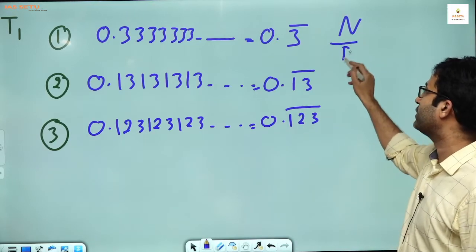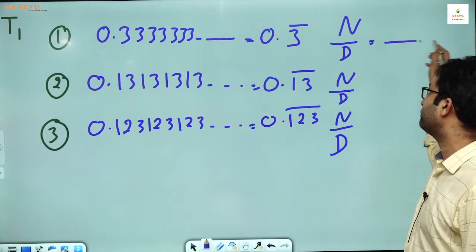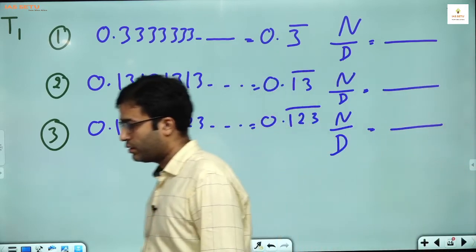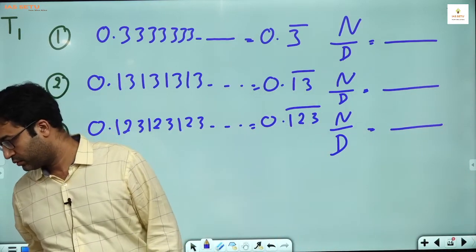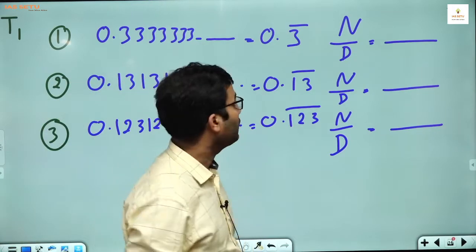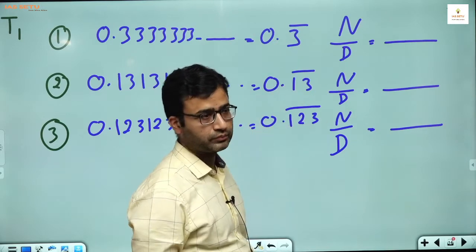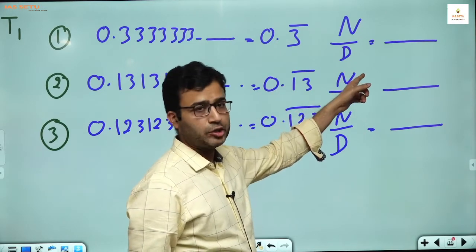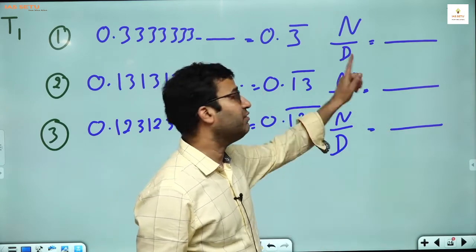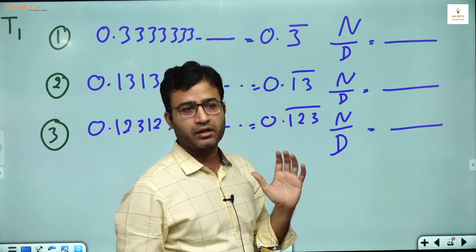Numerator by denominator. Now the first question here, this is 0.3 with a bar. First we will handle the denominator, and the rule here is that in our denominator we have as many 9s as the number of digits under the bar.